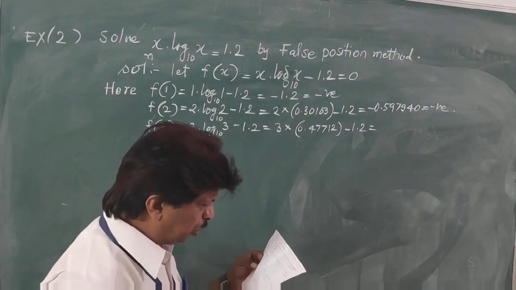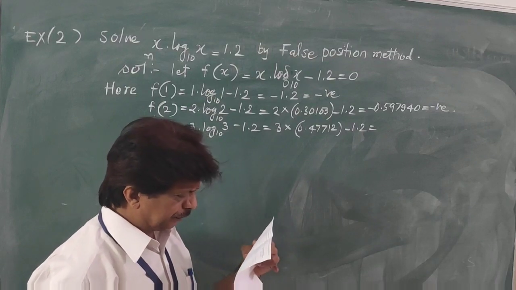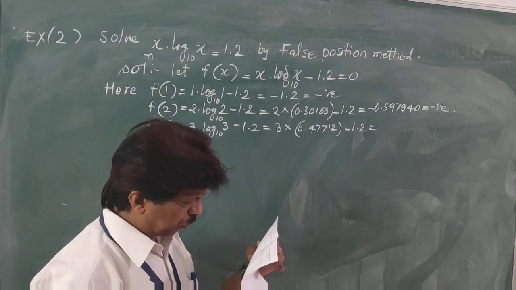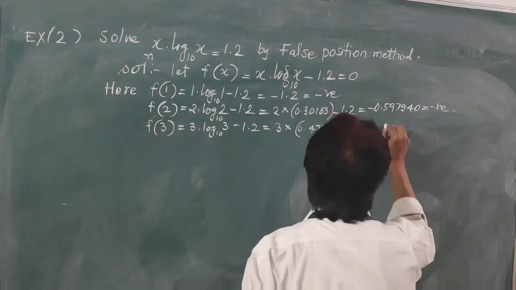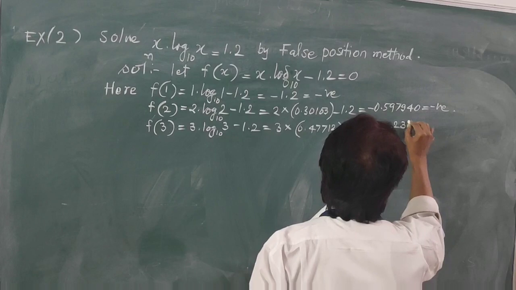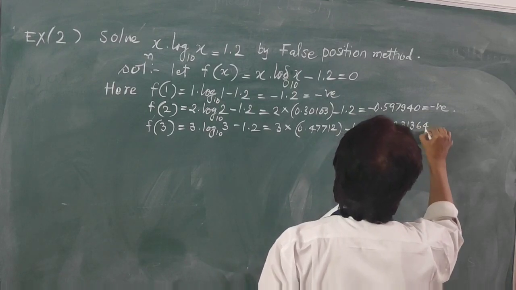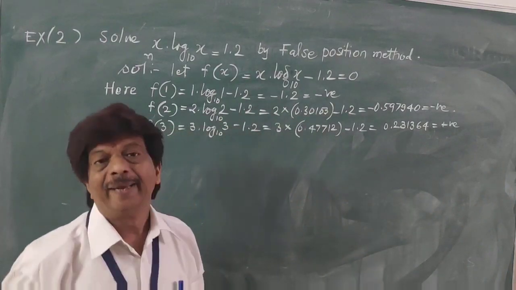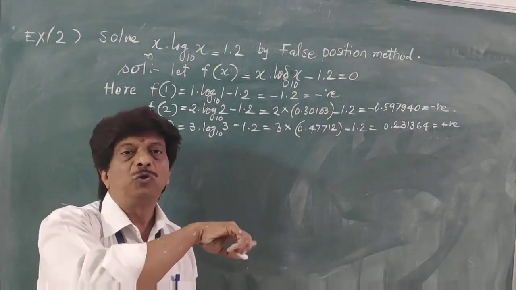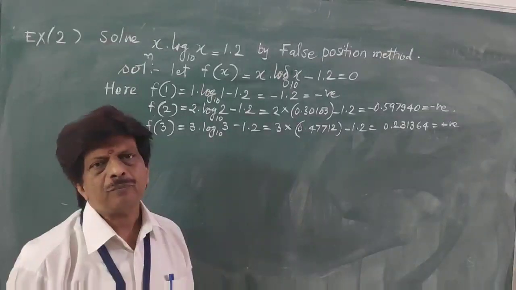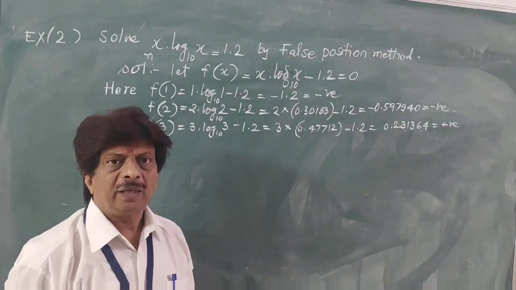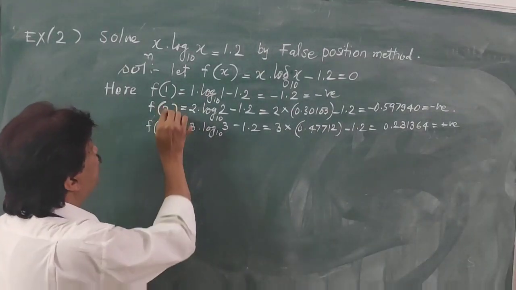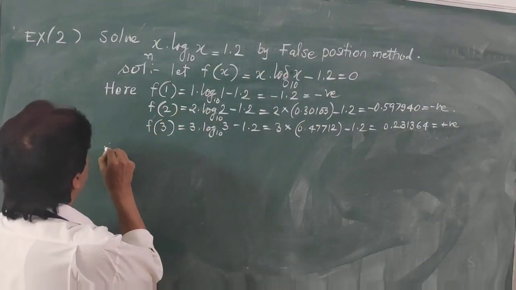This comes out as 0.231364. This is positive. F of 3 is positive, f of 2 is negative. That does mean the root lies between 2 and 3.